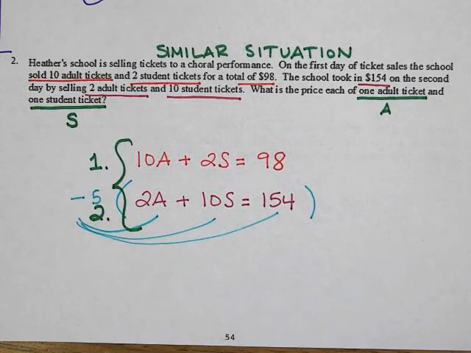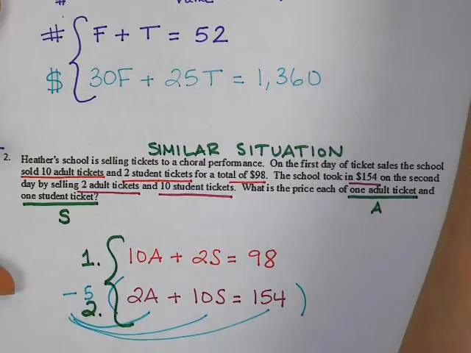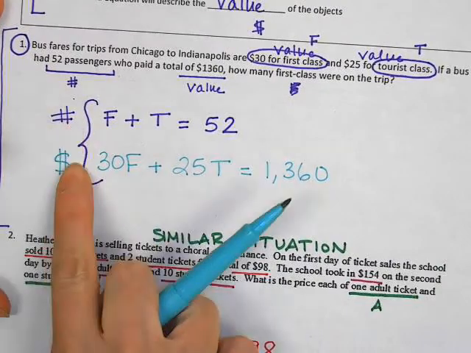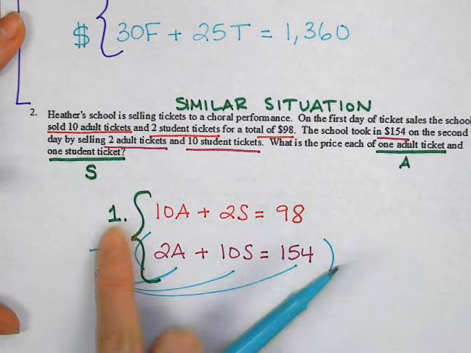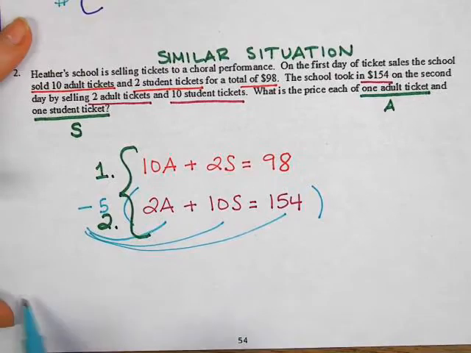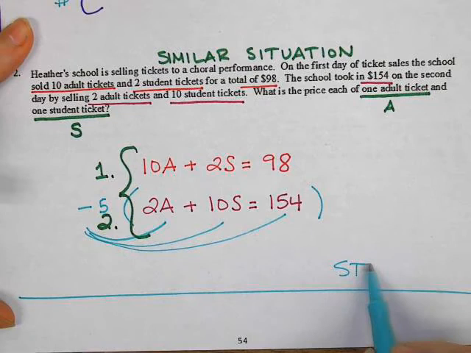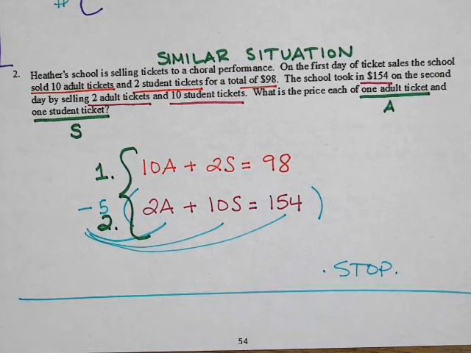But we'll do that tomorrow. Okay, so that's it for today. Another money and number problem, and then a new one with similar situations. So if you guys want to stop, go ahead. I'm going to put the stop sign here, but I'll do one more in case anybody feels like they need a little more practice.